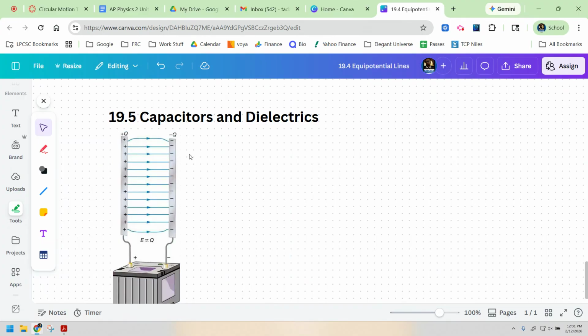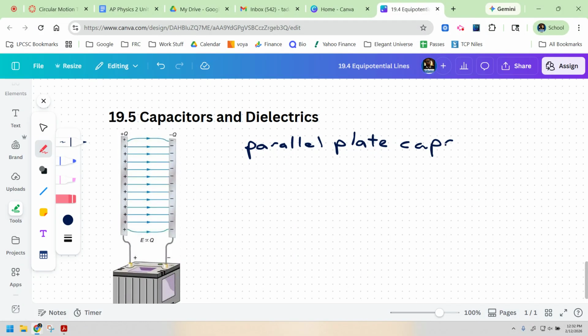So if I put two parallel conducting plates, we create a thing that's called a parallel plate capacitor. And so if you're into electronics and you talk about capacitors, this is what capacitors are based upon.